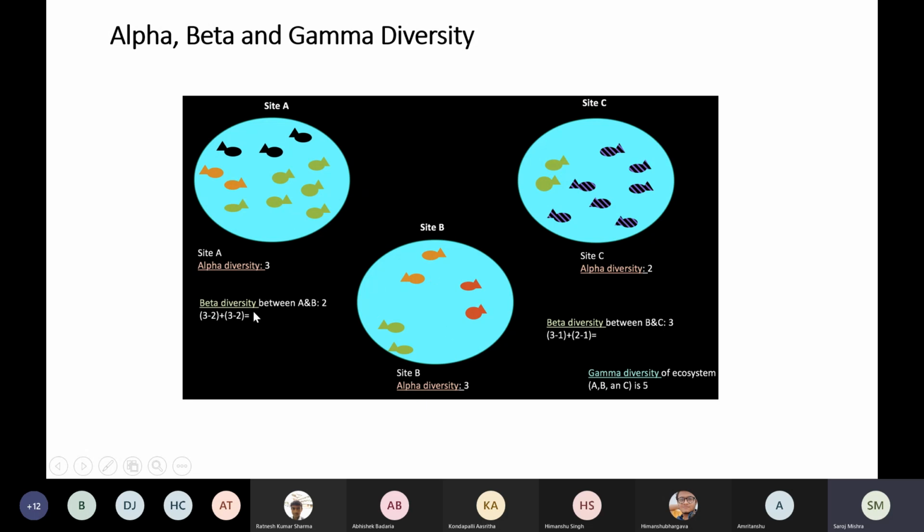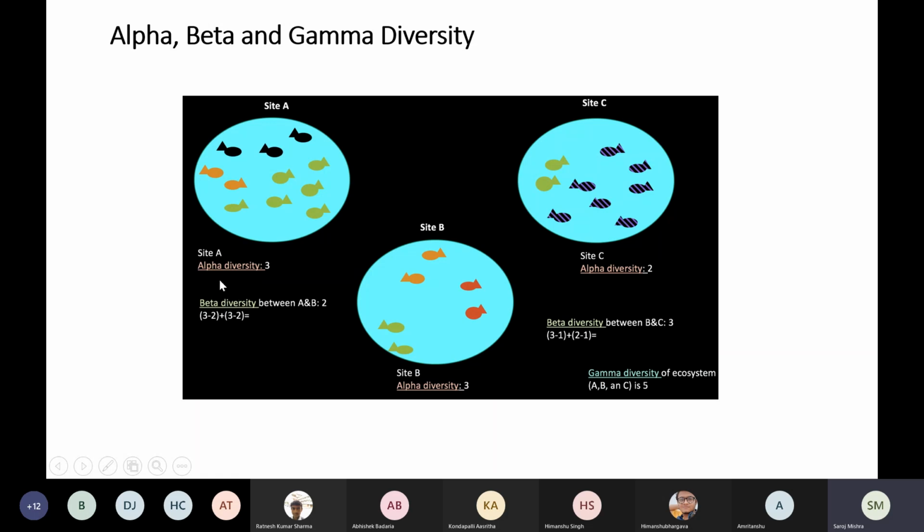So the beta diversity between A and B, because here they have taken a difference of 3, and I still have to figure out why they have taken 2 here, because the difference in the diversity should have been actually, I don't know why they are using the number 2 here, or whether it is the minimum representative of a species. I will clear it in the next class for you.